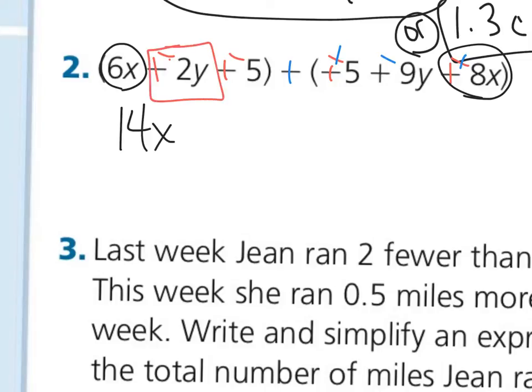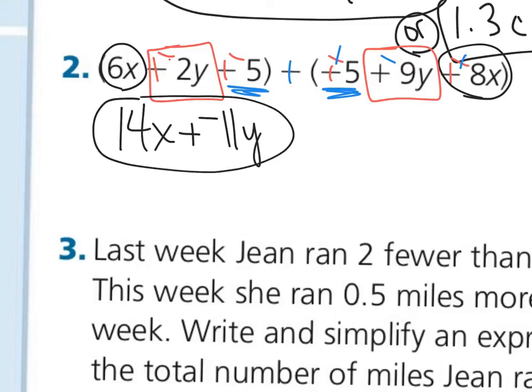We've got a negative 2y and a negative 9y working together to make a negative 11y. And on our constants, negative 5 plus 5 is 0. If you want to put plus 0, you can, but we don't really need to because adding 0 doesn't change anything. So this could be our final answer, or you could have had 14x minus 11y, which would be the same.